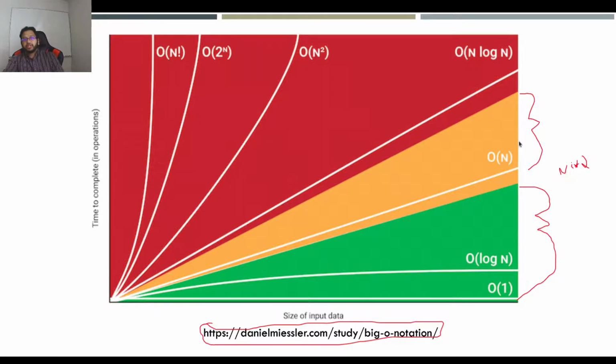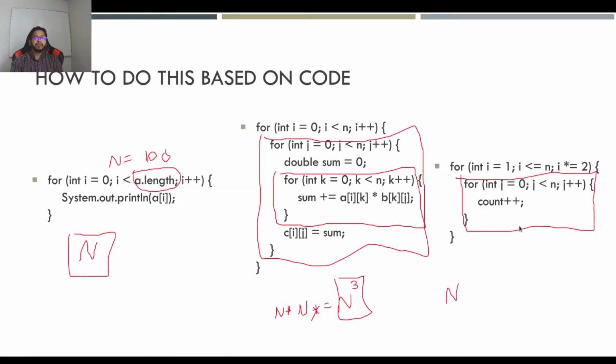So it's not going to be n, so it has to be something below it. So it either has to be log n or log 1, because it's not this. However, we are still incrementing by a certain amount, while O of 1 would just be constant. So it's not O of 1. That leaves us with log n. So that means it's n multiplied by log n.